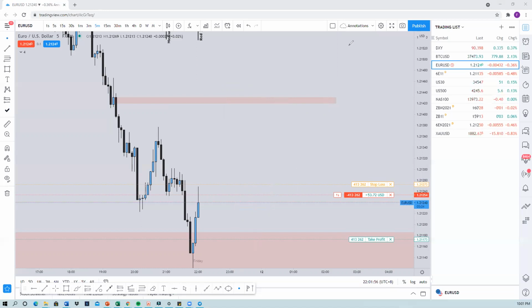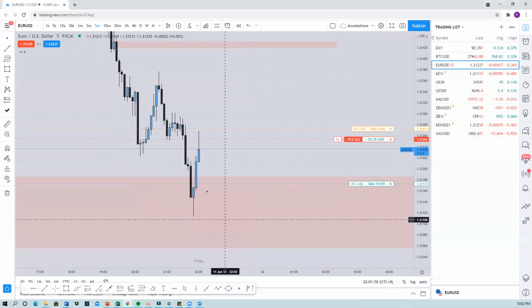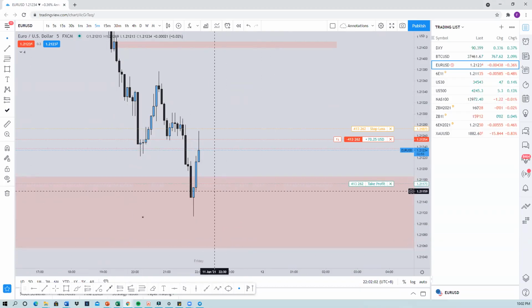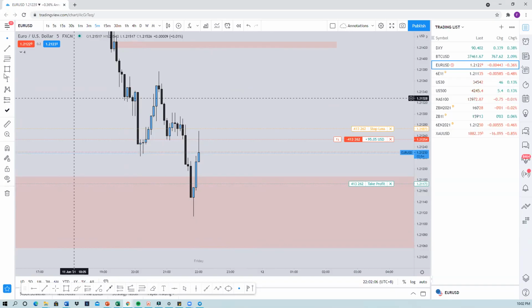Now you see, so good thing that this is not a good reaction point, because now if you look at the dollar index, let me bring up the dollar index.